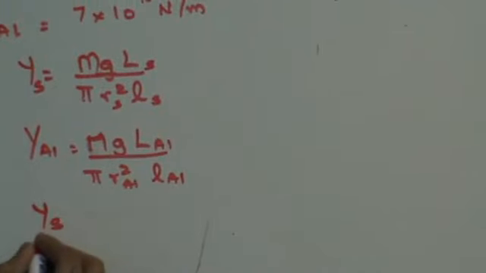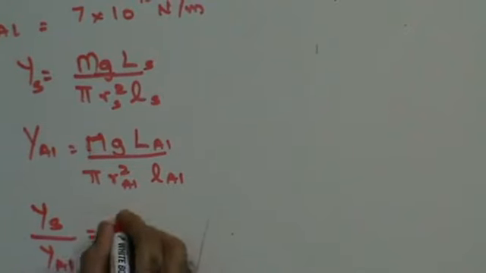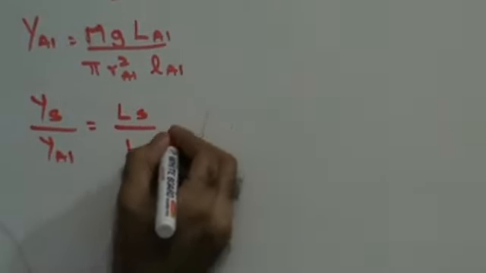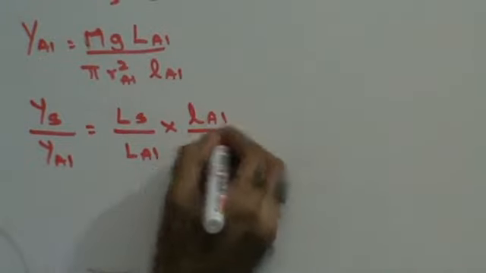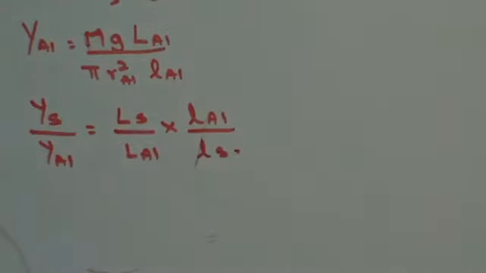Okay. So in that case, I can say that Young's modulus of steel upon Young's modulus of aluminium, mg gets cancelled. So you will get length of steel upon length of aluminium. Denominator of denominator becomes numerator. Extension of aluminium upon extension of steel. Right?